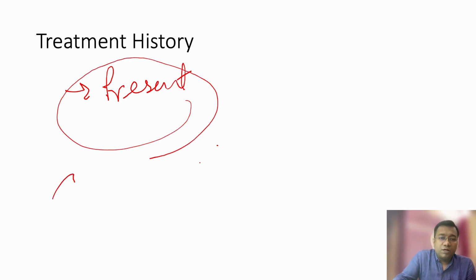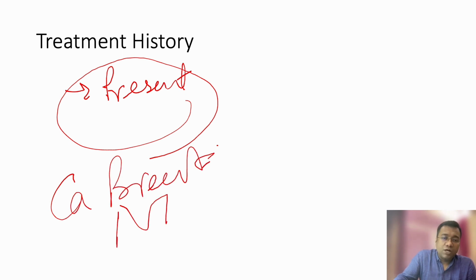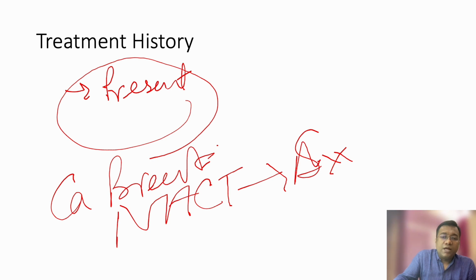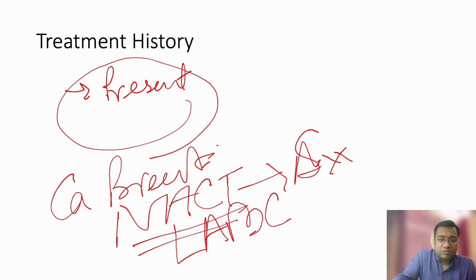Say for example, you are dealing with a CA breast and the patient has received neoadjuvant chemotherapy. Now the patient is admitted for surgery. By knowing this fact only, you can say you are dealing with a locally advanced breast cancer. Why locally advanced? Because, as you will come to know when I take classes on individual cases, locally advanced breast carcinoma is treated with neoadjuvant chemotherapy first, then surgery is done.